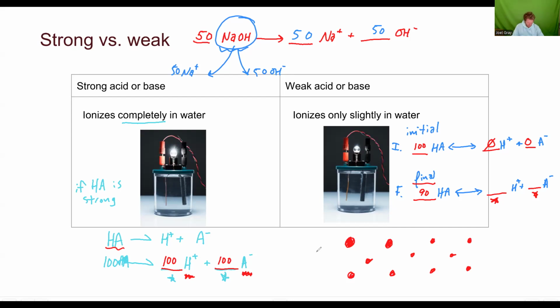So imagine HA is these molecules right here. There's my 10 HA, and I'm just going to simplify my numbers. So this is our initial.